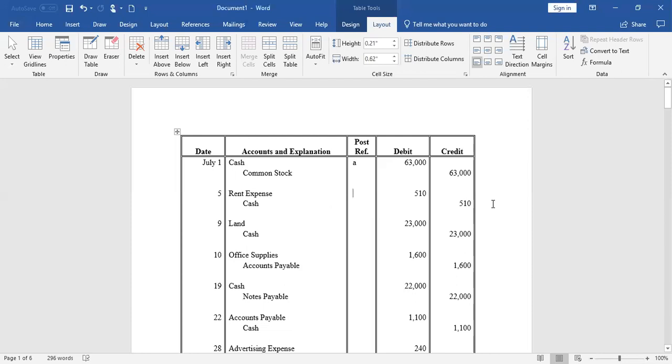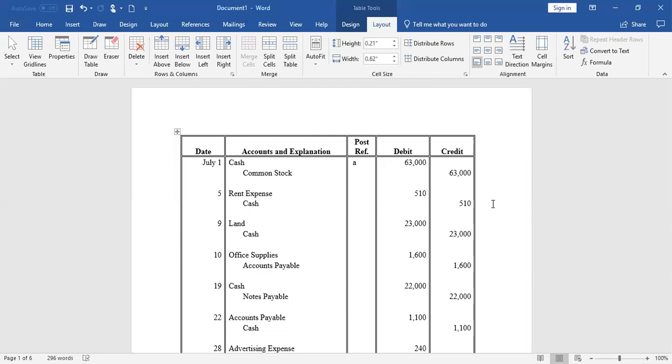The company paid monthly rent on medical equipment, $510. So they paid rent on medical equipment. Now, it doesn't come out and say paid cash, but that's the assumption. If they're paying cash, the cash asset is decreasing. Why'd they pay cash? For rent. Rent is an expense.